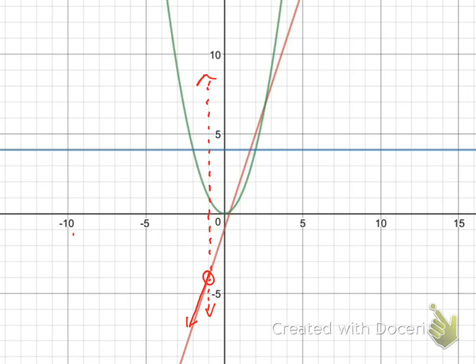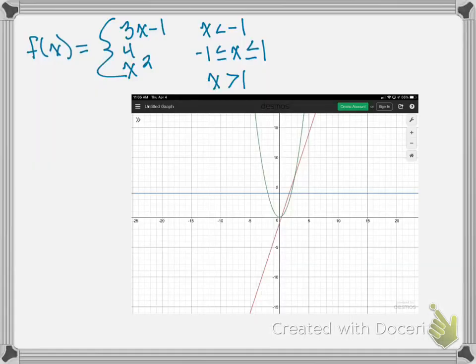Now, my blue line is my second function, and it's y equals 4. So this blue line right here, that is my y equals 4. Now, my piecewise function tells me the only time that I focus on my blue line is in between -1 and 1.